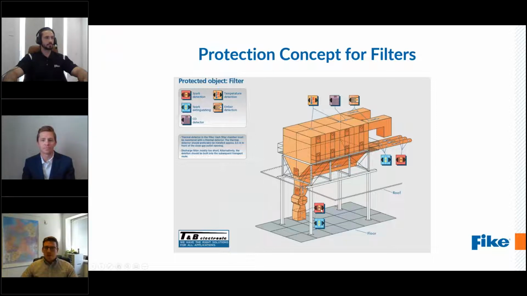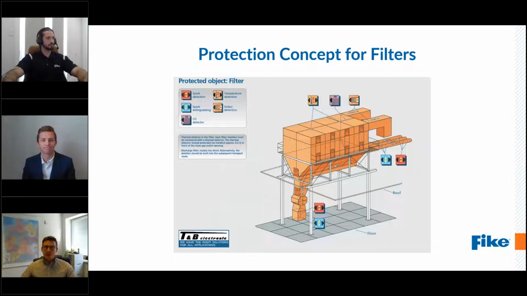Another part which is also important is, for example, the outlet of the filter with spark detectors and automatic extinguishers as well, because sometimes at the outlet of the filter there is a transport line to the silo, and if a spark enters the silo, for sure it's a very dangerous thing, so we shouldn't forget it.